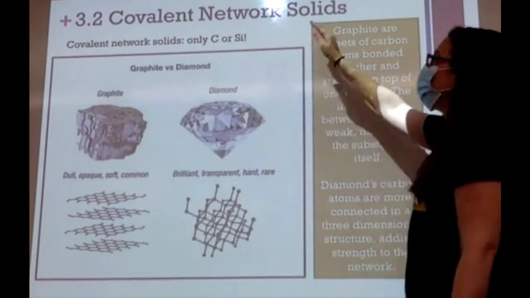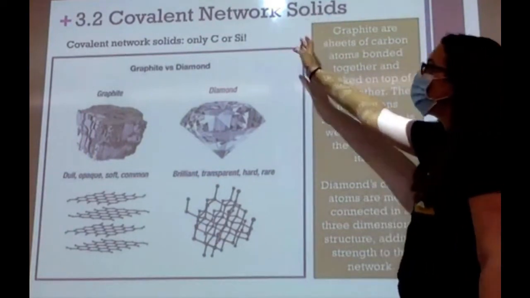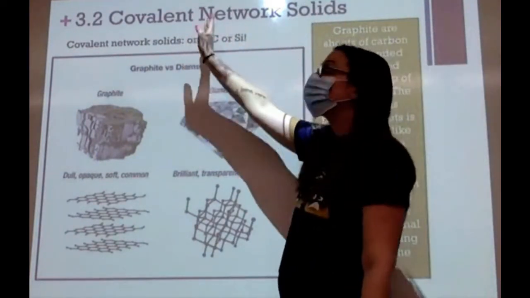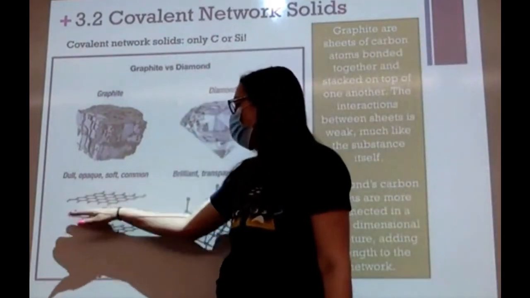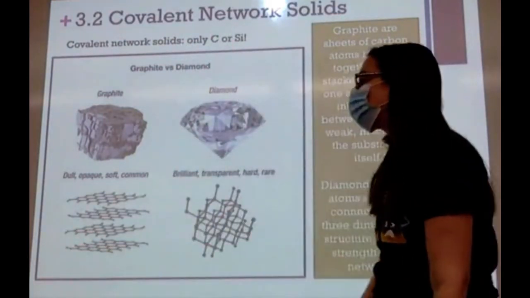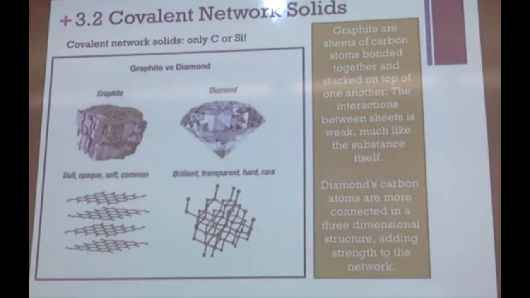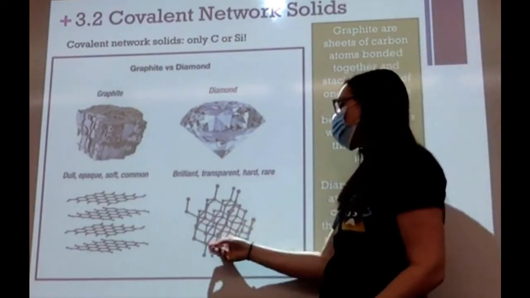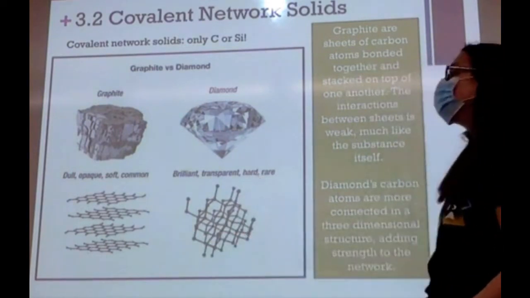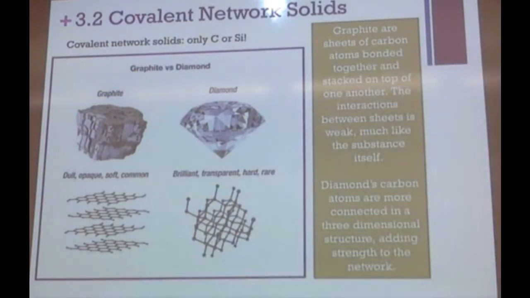A covalent network solid is so unique because the network is of covalent bonds. And so with graphite, you have these layers that are covalently bonded together. Diamond is more of this 3-dimensional structure. And due to this 3-dimensional structure, it makes diamond a very hard substance. It's very hard to break.